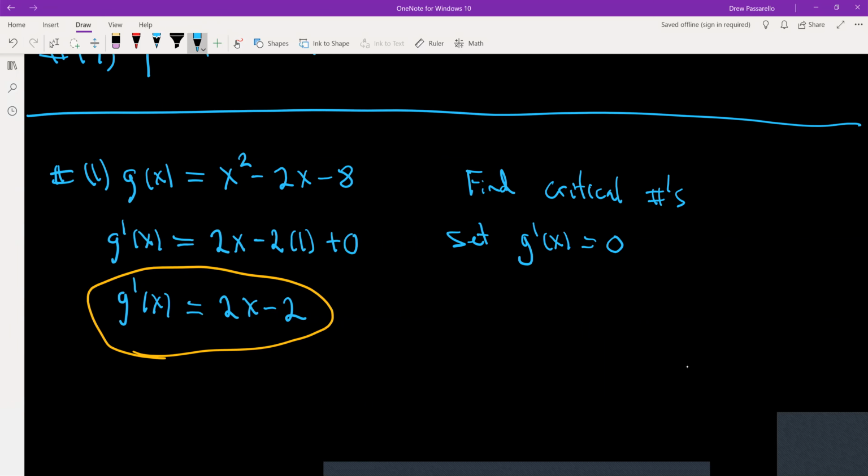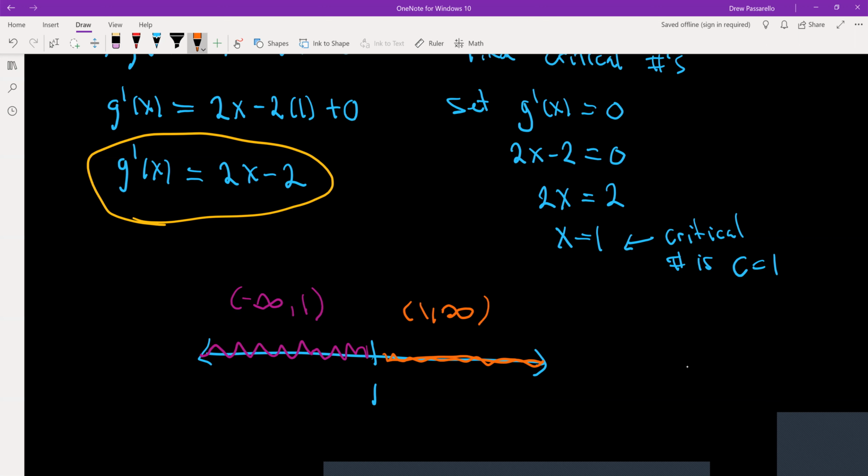If you want to draw a number line, say that's 1, our critical number, and the interval to the left of that critical number goes from negative infinity to 1. The other interval, to the right of 1, goes from 1 to positive infinity.